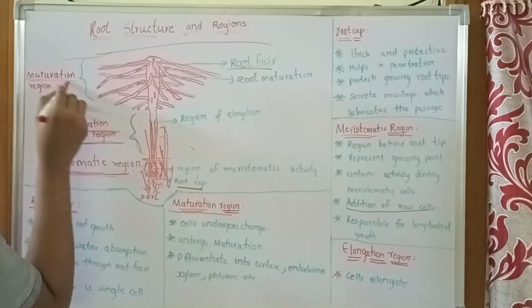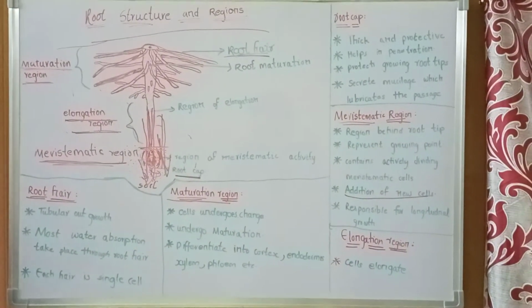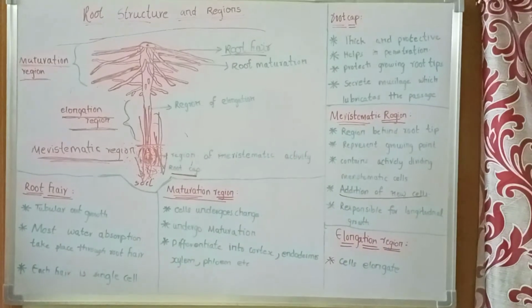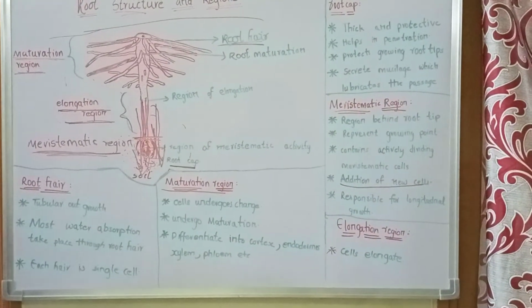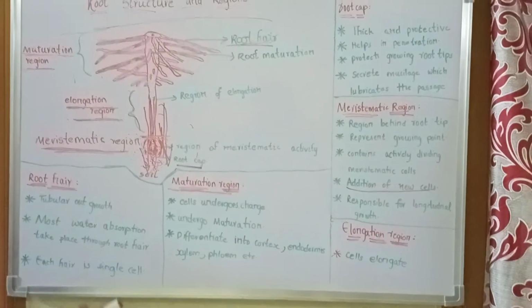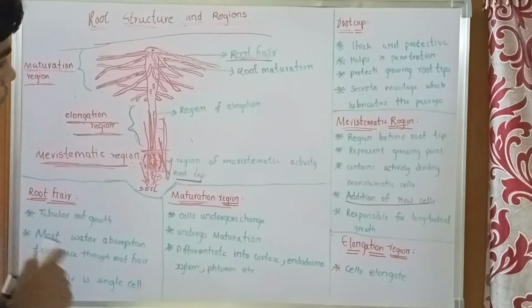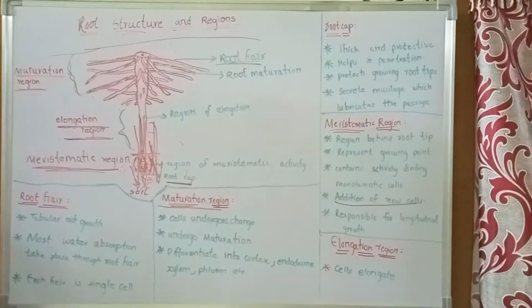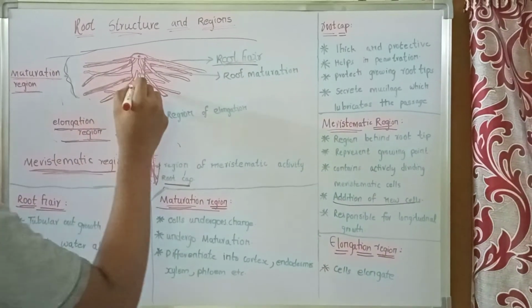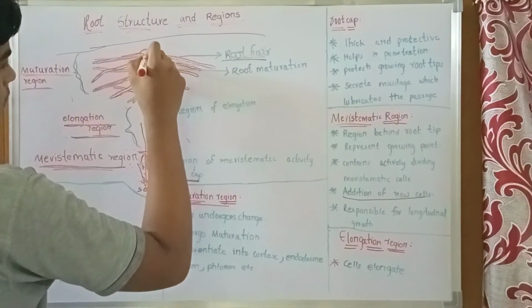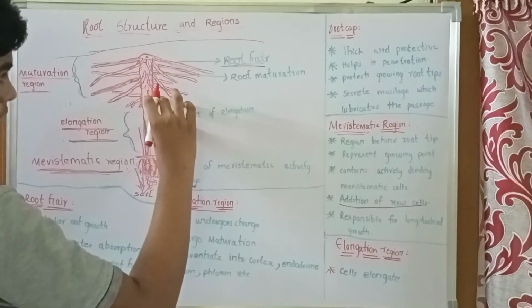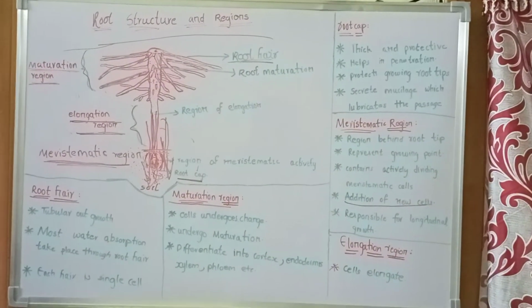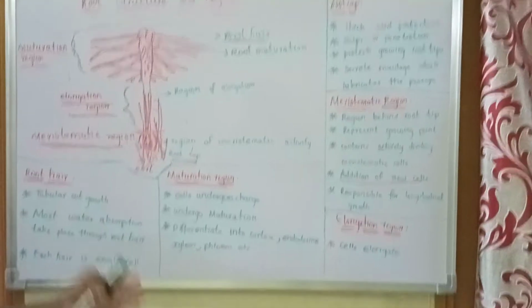Next, the maturation region. What is this region? In this region, the cells undergo changes. What is change? Change is a change in physical form or internal structure. In this region, the cells elongate and undergo maturation. After maturation, the cells are developed for their own activity.